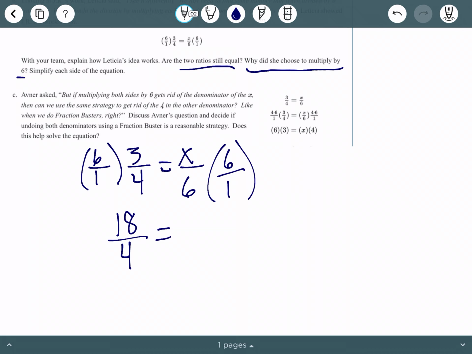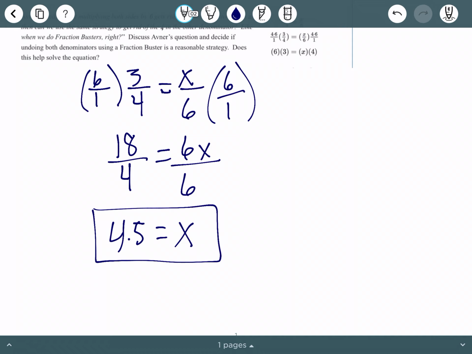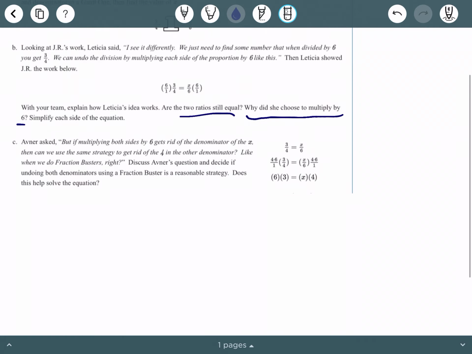And that is equal to x times 6, which is 6x over 6. Remember that the fraction bar means the same thing as division. So 18 divided by 4 is going to give me 4.5. And 6x divided by 6 gives me 1x, or just x. Notice how we still get 4.5. Okay, so that's all for part B.